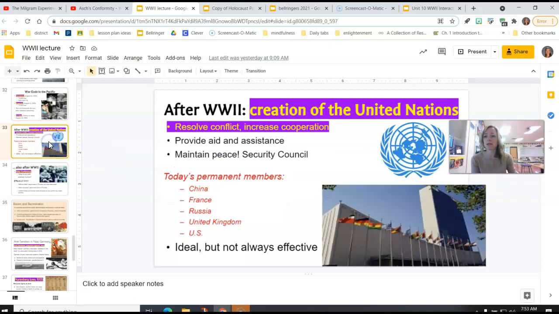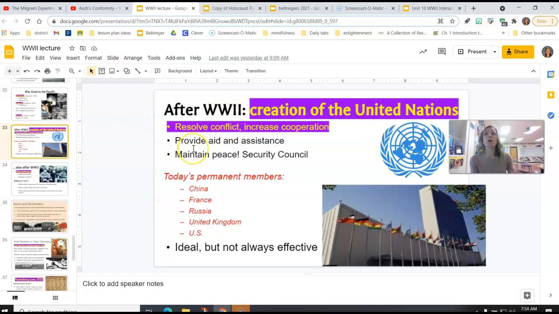So what types of things do we have since then? After World War II, a couple things have to happen. One, we have to figure out how to prevent a World War III. The League of Nations did not work in preventing World War II, so we create the United Nations. The United Nations, created in 1946 and still around today, is meant to resolve conflict and increase cooperation.